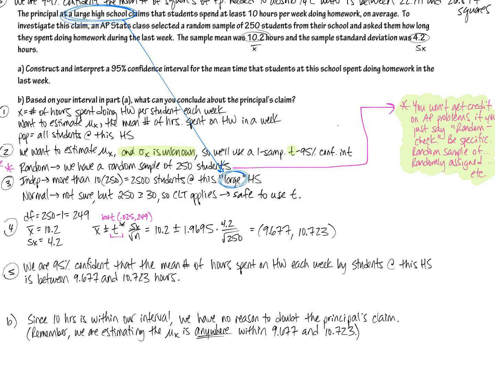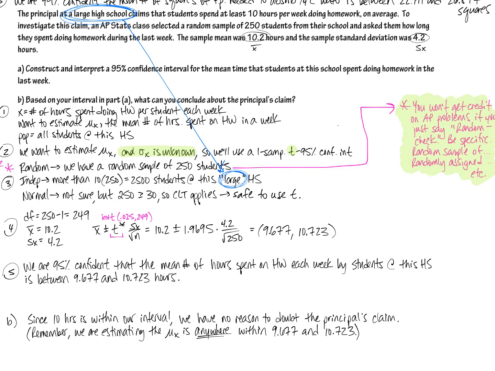Based on that one single sample of 250 students, the sample mean is 10.2 and the sample standard deviation is 4.2, that's our x bar and our s sub x. We have to construct and interpret a 95% confidence interval for the mean time that students at this school spent doing homework last week, based on just our one single sample.